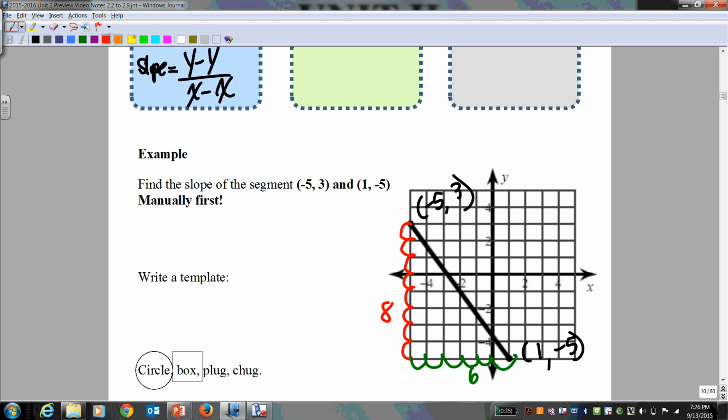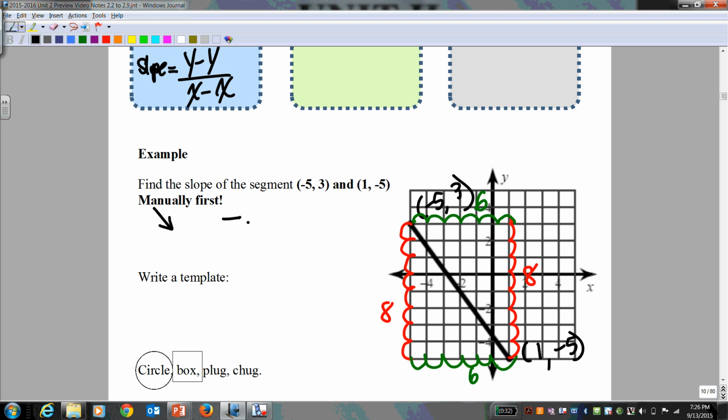Or I could have gone this way. It's going to be the same thing. But what you need to know is we're going downward from left to right.